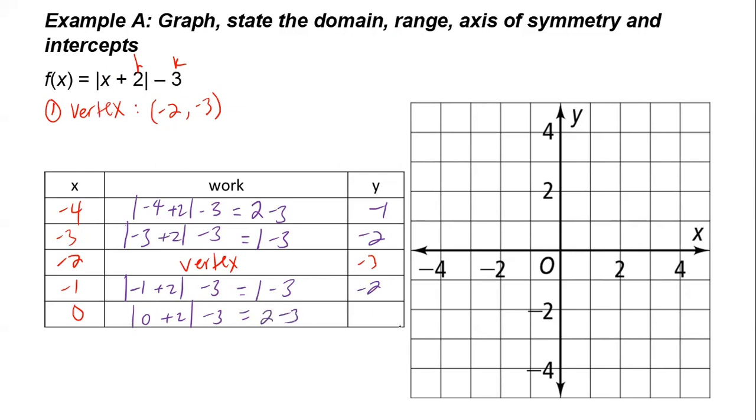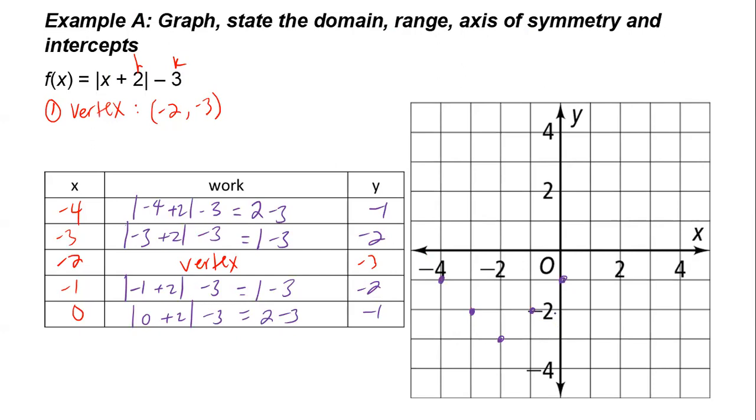And 2 minus 3 is -1. Was that terrible? Oh, it was so horrible. I know. All right. So we're at -4, -1. We're at -3, -2. We're at -2, -3. We're at -1, -2, and 0, -1.